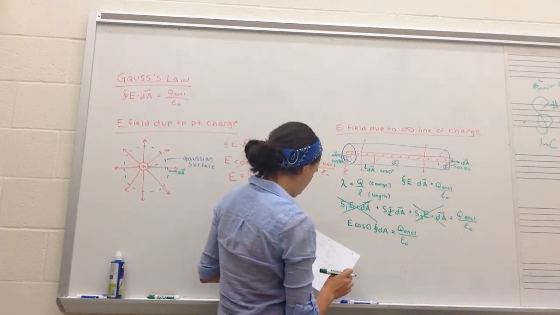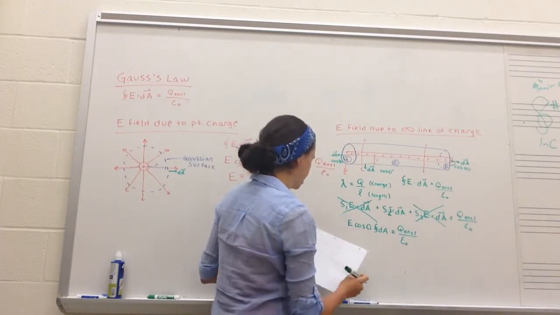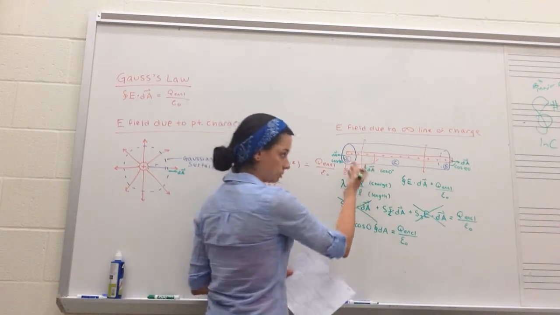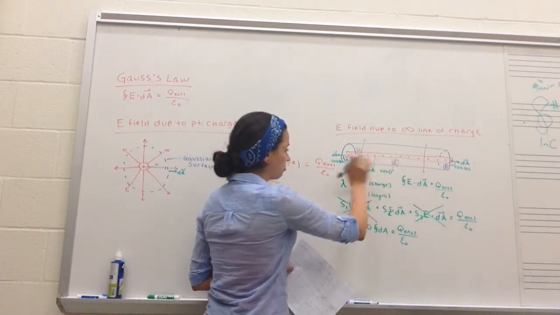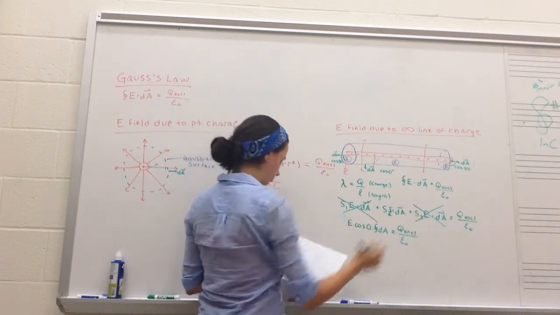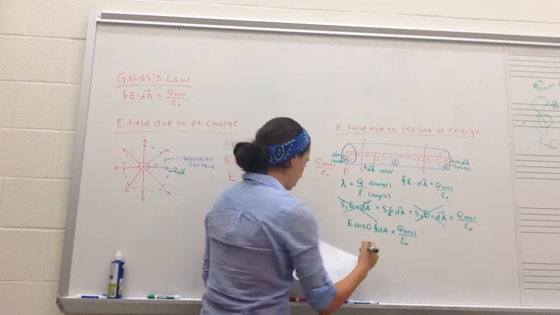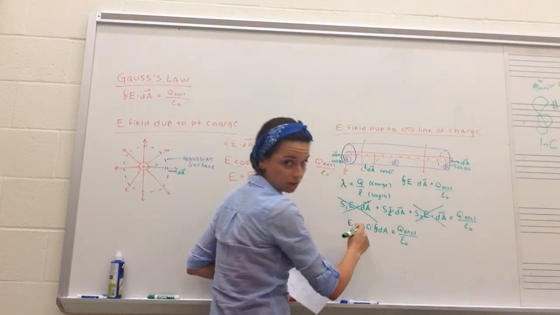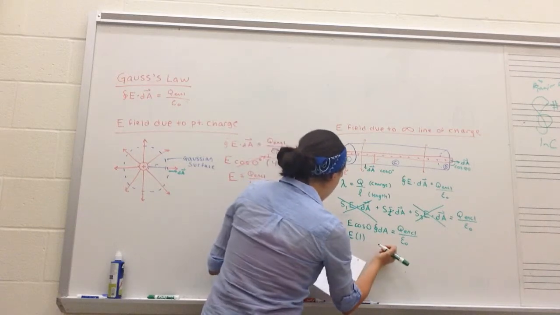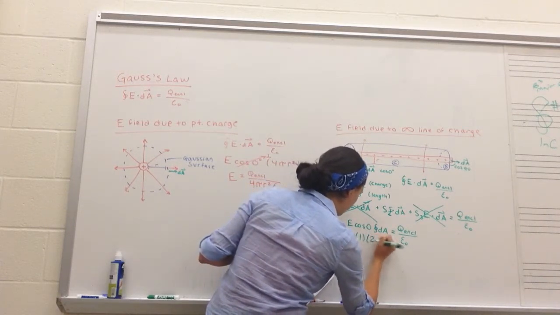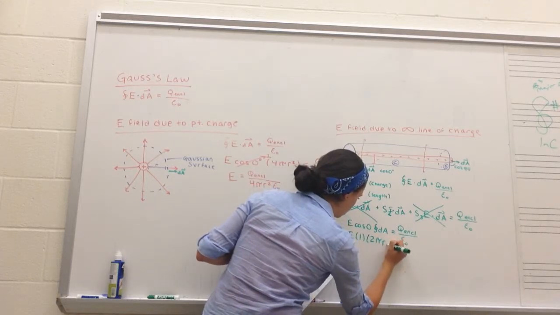So now we need to rewrite this as the surface area of a cylinder. We're doing the surface area of a cylinder minus the two caps, because like we said, those don't count. All right. So we have E times 1, which is cosine of 0, times 2 pi r L.